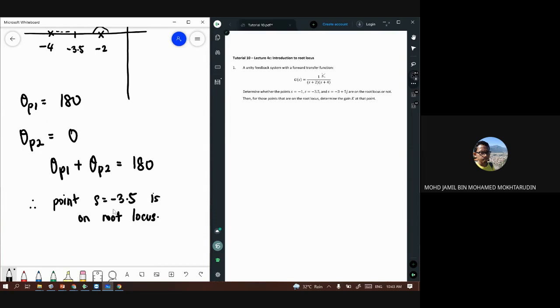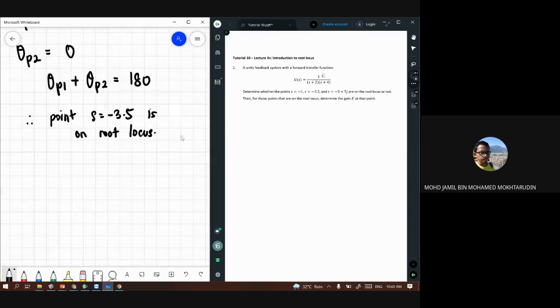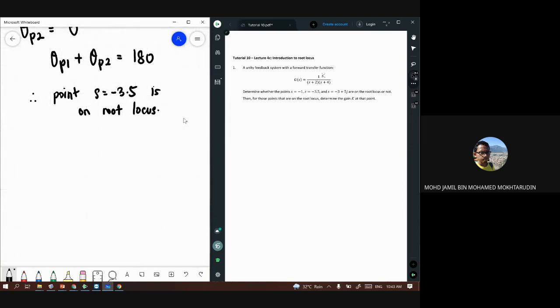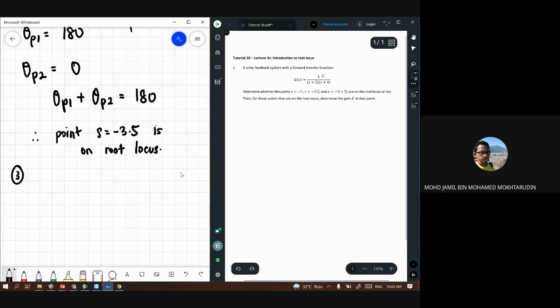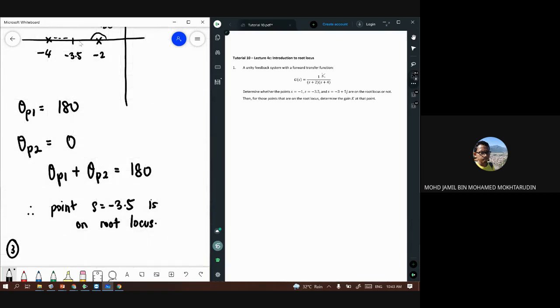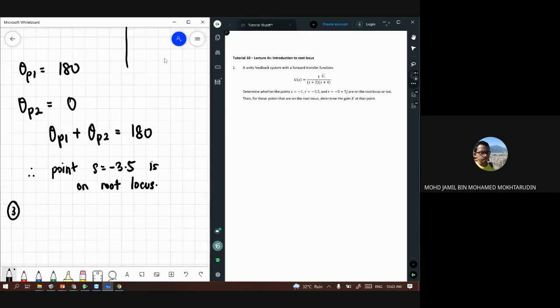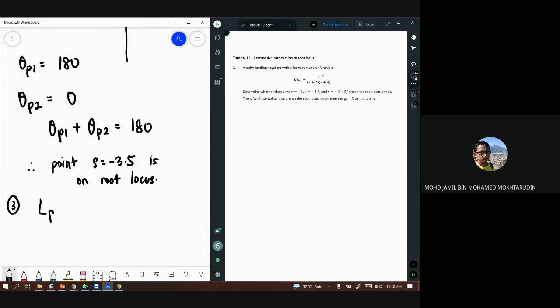Now, because this point is on the root locus, we need to find the gain. So we proceed with step 3. In step 3, we need to determine the length of the vector measured from each pole to the point of interest. So let's say LP1 is measured from -2, the first pole, to -3.5.